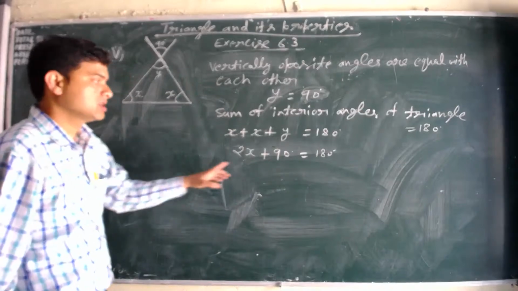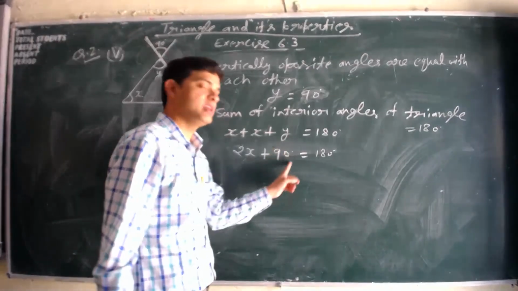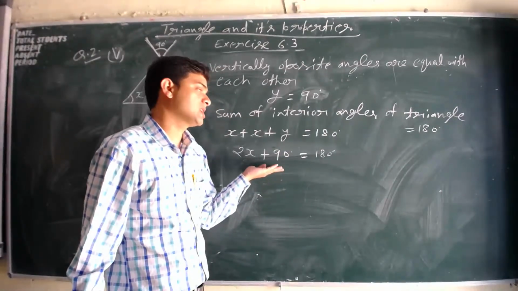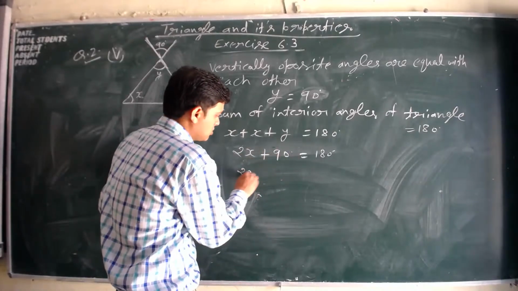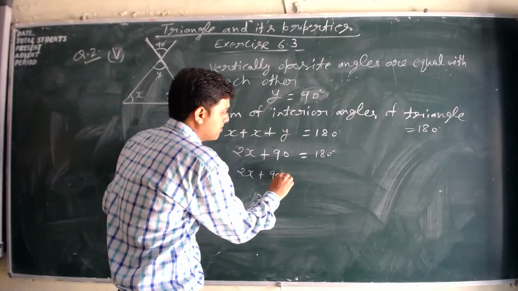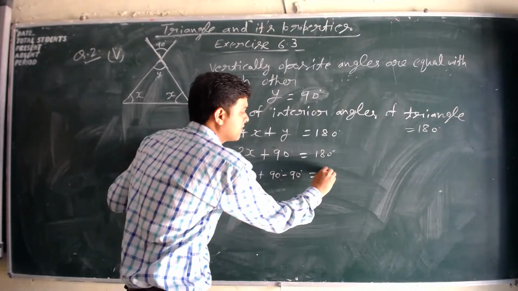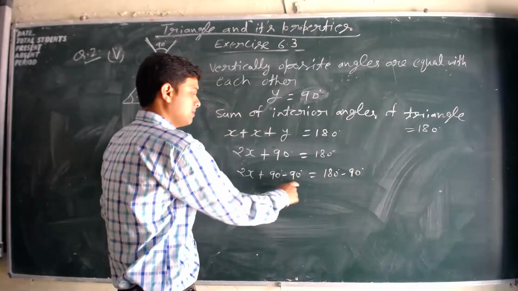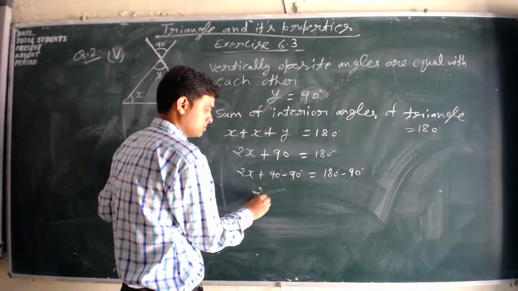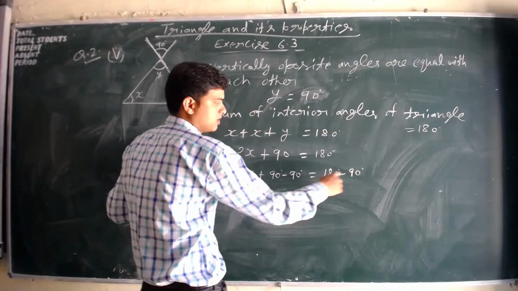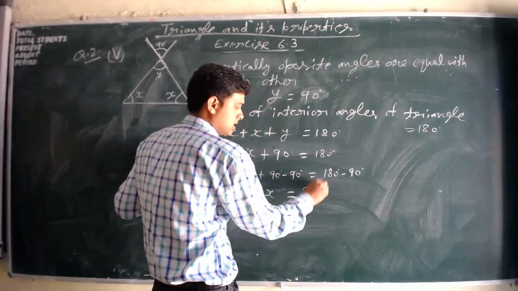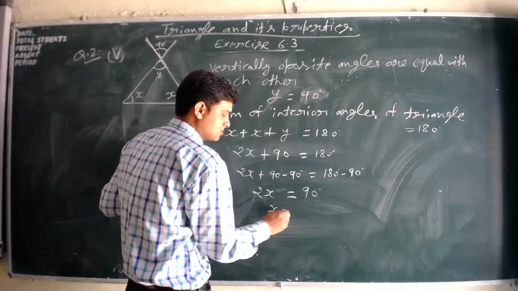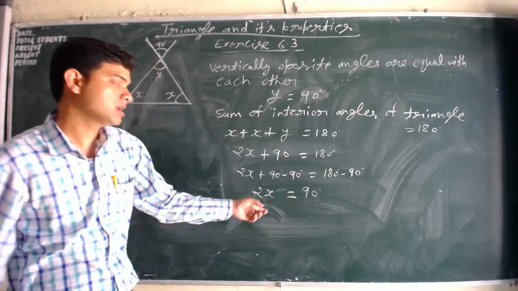We can solve this. First of all, we have to eliminate 90. So we subtract the same amount from both sides: 2x plus 90 minus 90 equals 180 minus 90. Clear? 90 minus 90 is equal to 0, so 2x is equal to 180 minus 90, which is 90. Now we can calculate x.